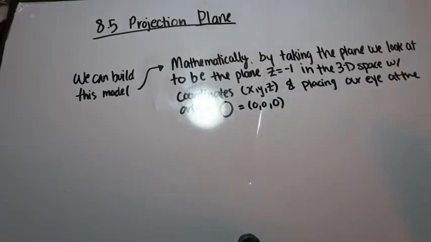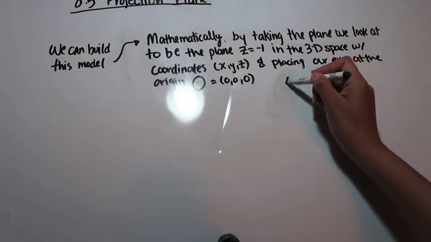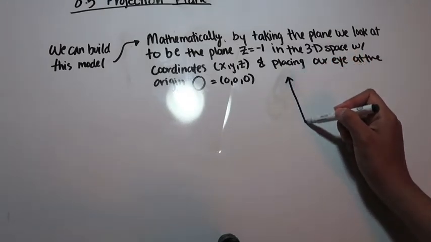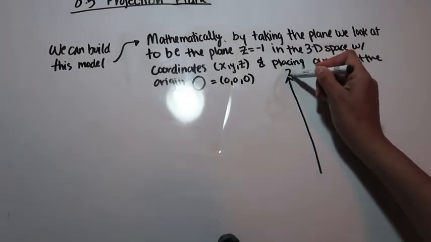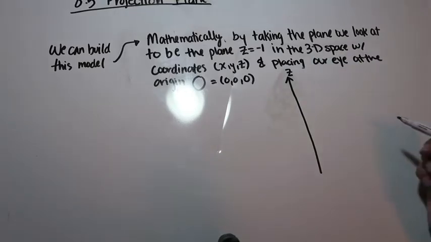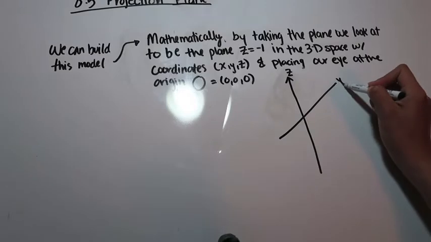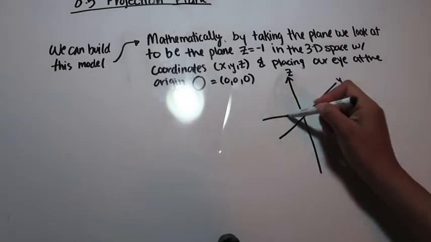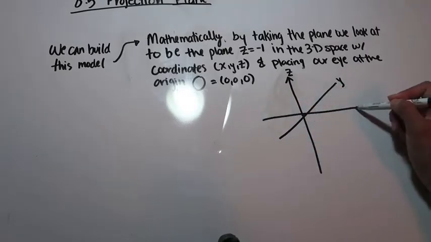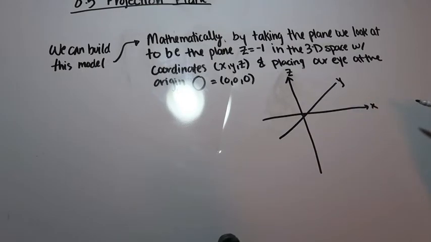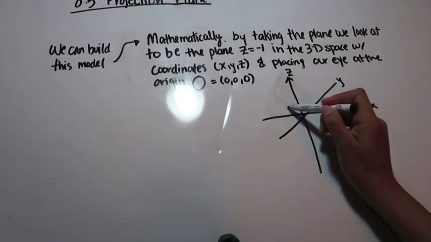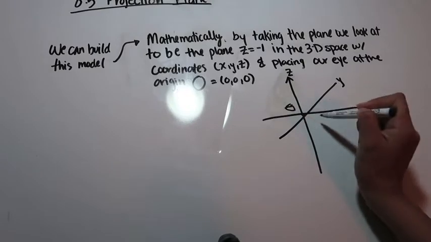In the book they actually have a pretty cool picture there. So we have this line here, this is our Z, and then we have our Y. This here is our X. This is your eye, you're viewing down this way.